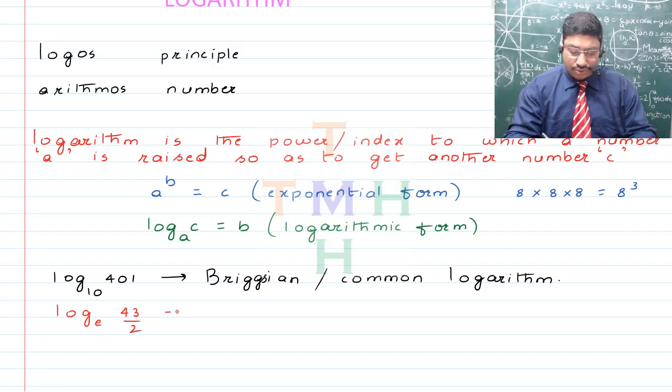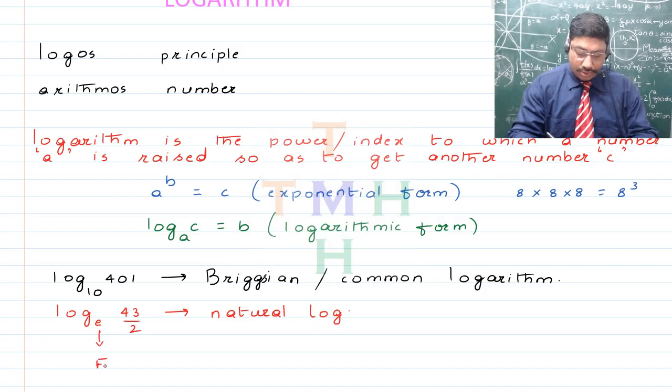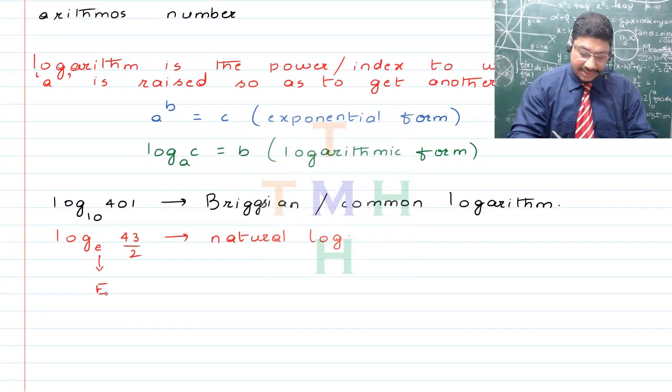Here, like I told you, this is natural logarithm. Now, what is e? Like I told you, this is Euler's constant. Euler was a mathematician, and you have the constant in his name.